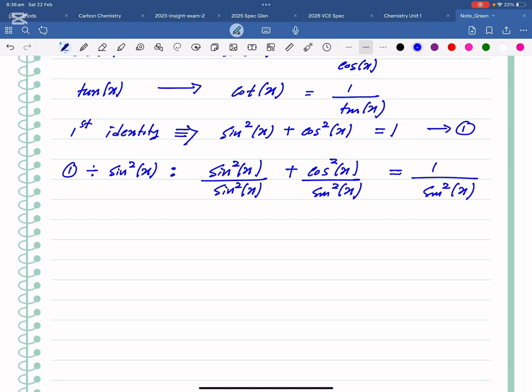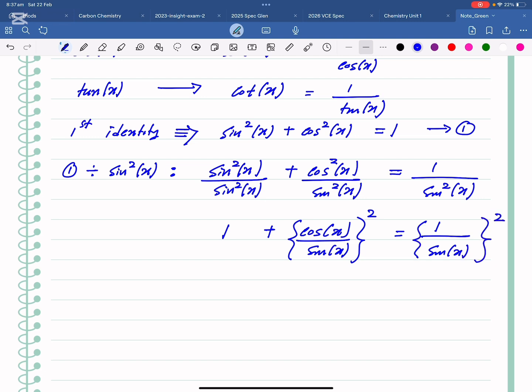So sine squared x divided by sine squared x is 1 plus, we will leave this one in this way, cos x over sine x, squared. And this one is 1 divided by sine x, the whole thing squared, right? Yep.